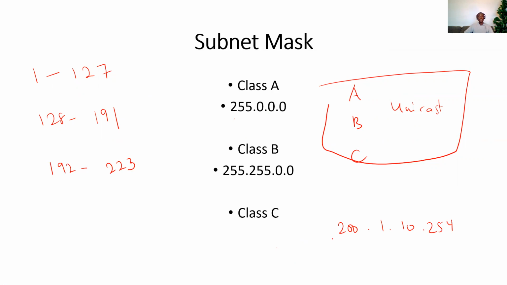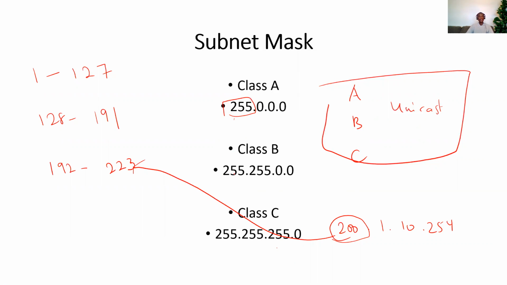How did we know? Because the first number, which is 200, falls within the class C range. And for class C range, can you guess what the subnet mask will be? Yeah, it will be 255.255.255.0. We can see a pattern building up here. For a class A, the subnet mask started with 255. There was only one 255, and we have 3 zeros.